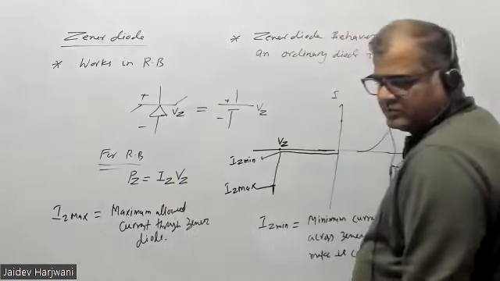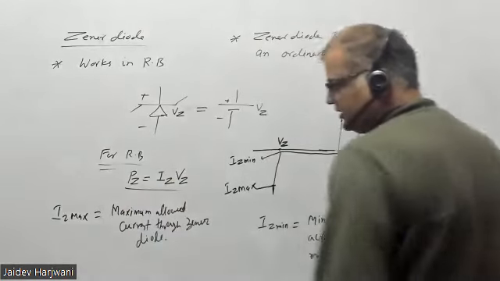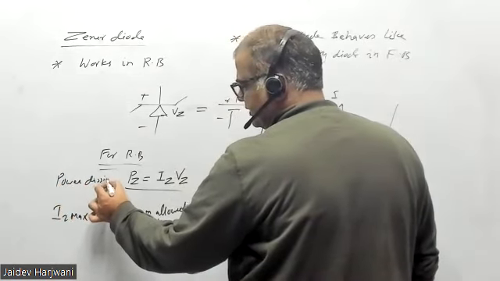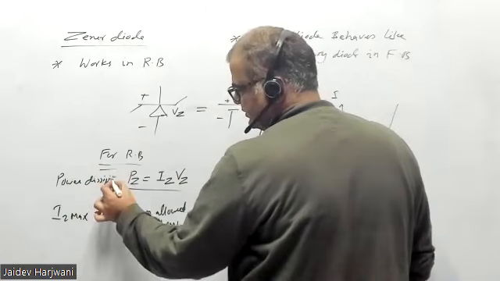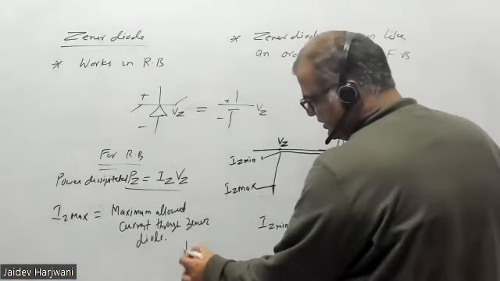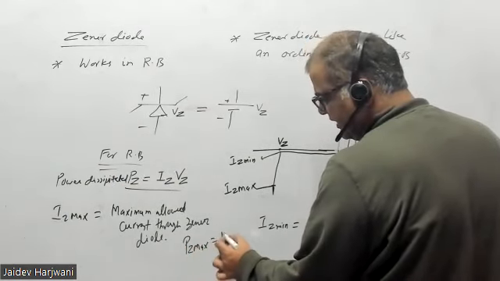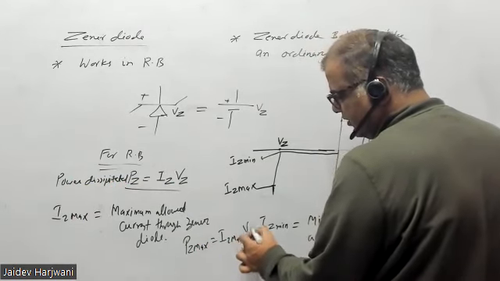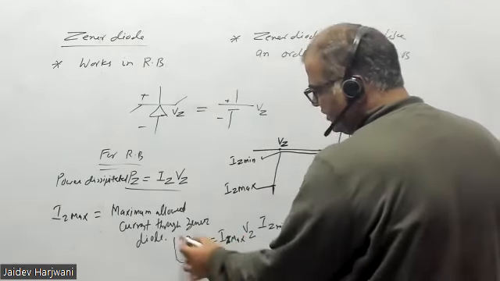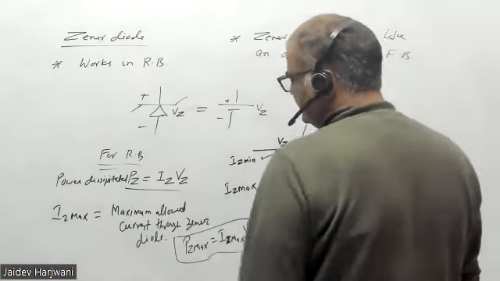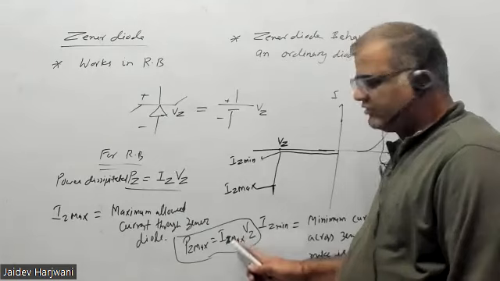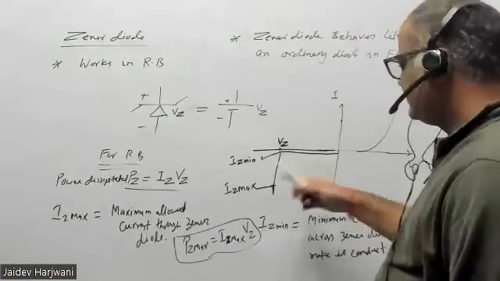This is the power dissipated by the Zener diode. The maximum power Pz max is given by Iz max times Vz. When the maximum current is flowing, it dissipates maximum power. Sometimes in a question Pz max and Vz will be given but Iz max will not, so you can find Iz max from the Pz max value.